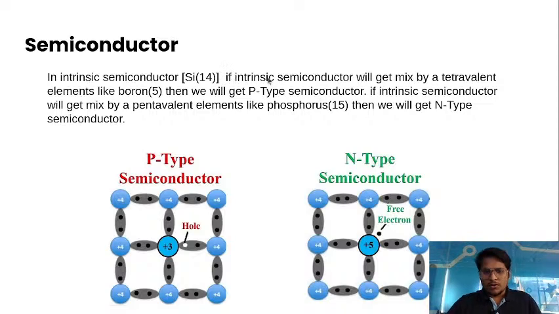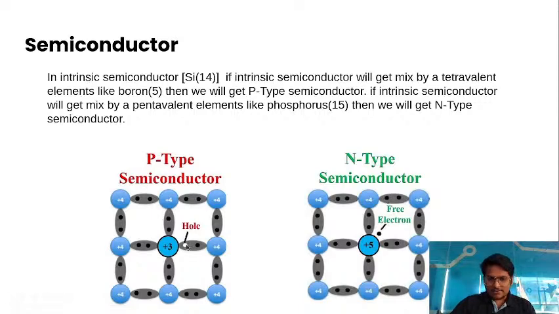So if we mix an element like boron, where the atomic number is 5, what happens if you mix it with silicon? In silicon the atomic number is 14 and the outermost shell has 4 electrons. So here you can see, if you mix in the boron, all the electrons will share the spaces, but one hole will be left out.